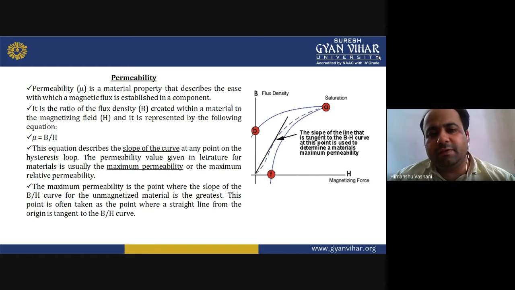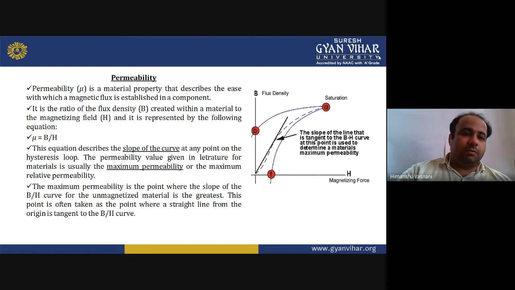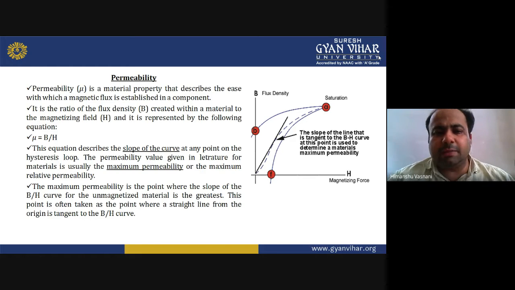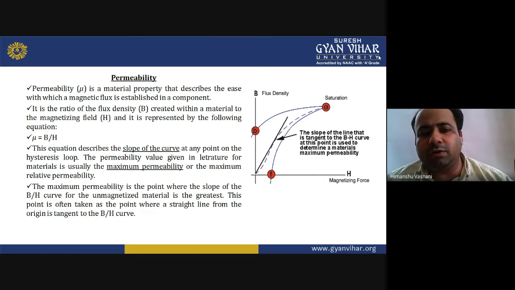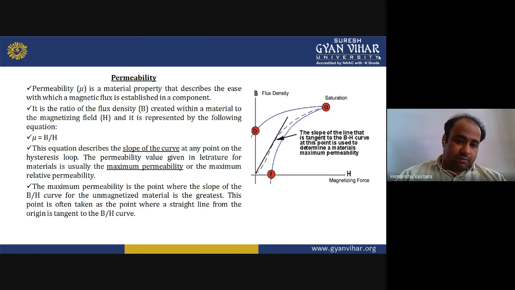The permeability value given in the literature for materials is usually the maximum permeability or the maximum relative permeability. The maximum permeability is the point at which the slope of the BH curve for the unmagnetized material is the greatest.